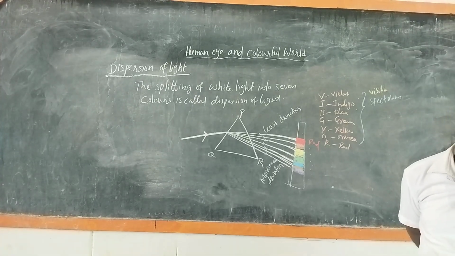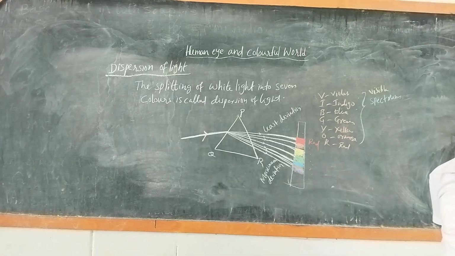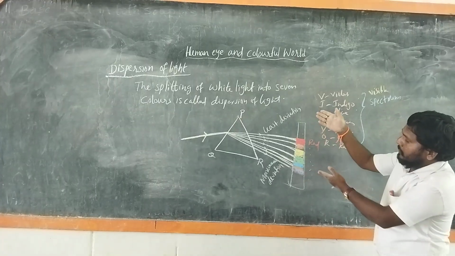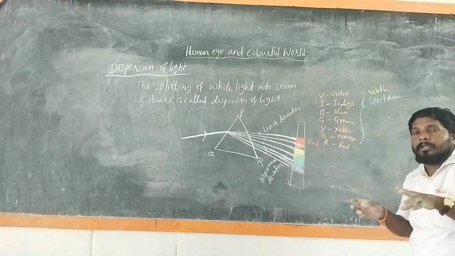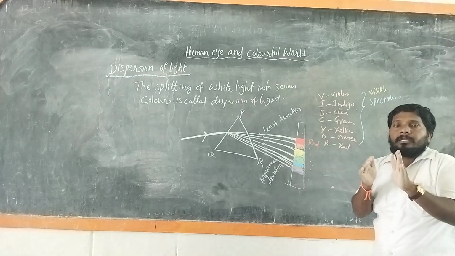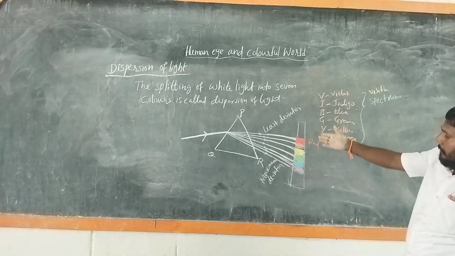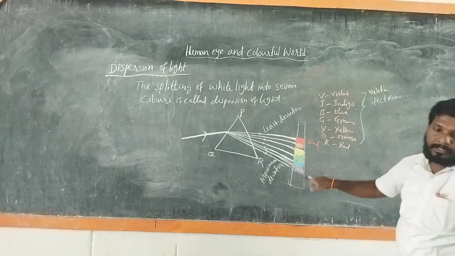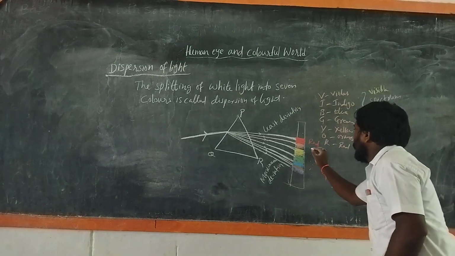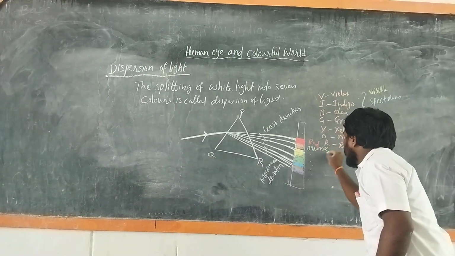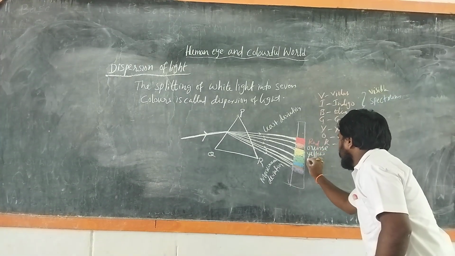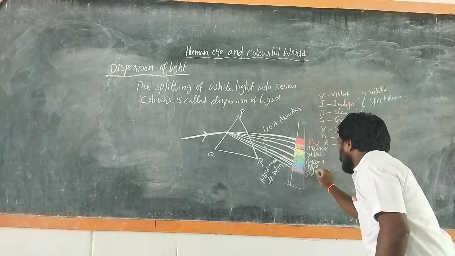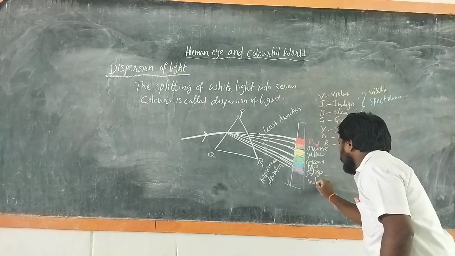These colors are in order of increasing frequency but decreasing wavelength. So the band of 7 colors forms according to their frequencies or wavelengths, from red to violet: red, orange, yellow, green, blue, indigo and violet.